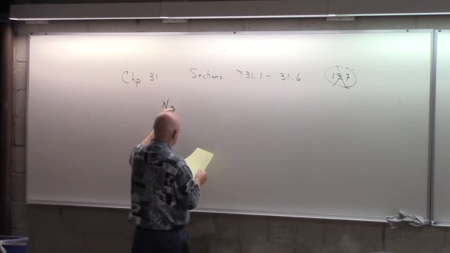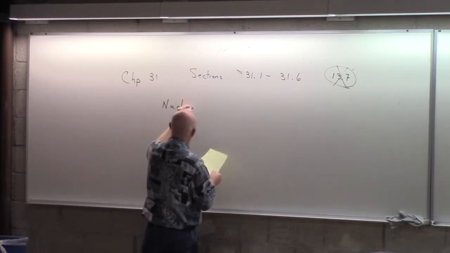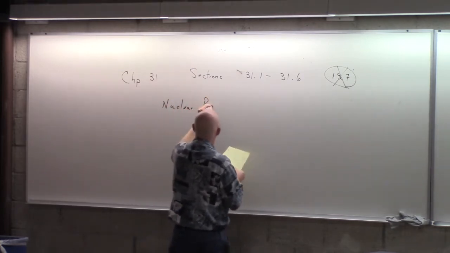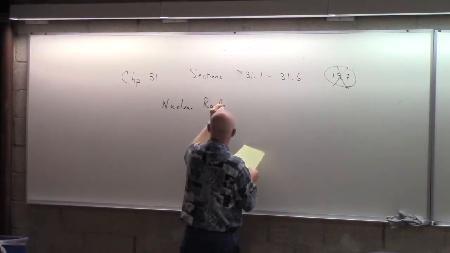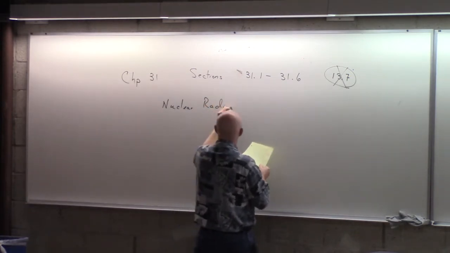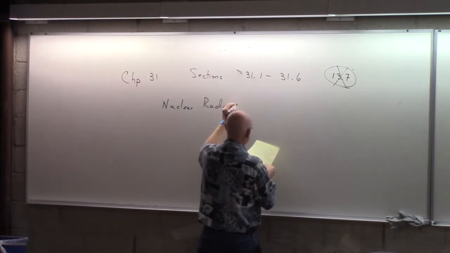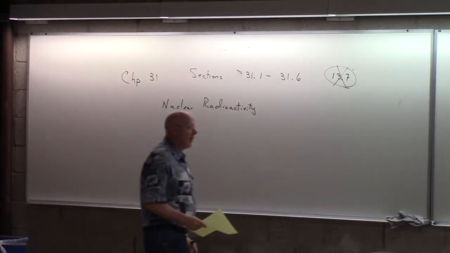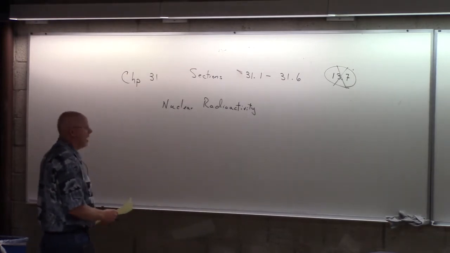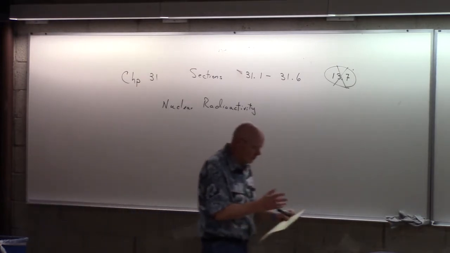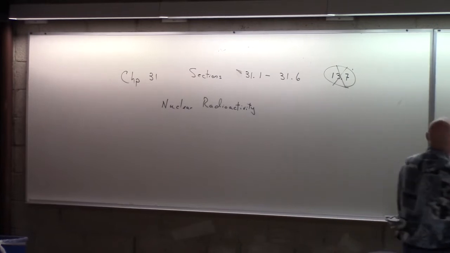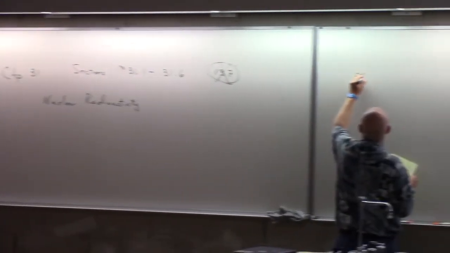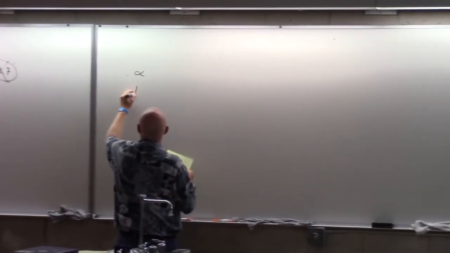So as I was just saying, we're going to do nuclear radiation, or maybe I should say radioactivity. Your author starts off by asking, what do we mean by nuclear radioactivity?